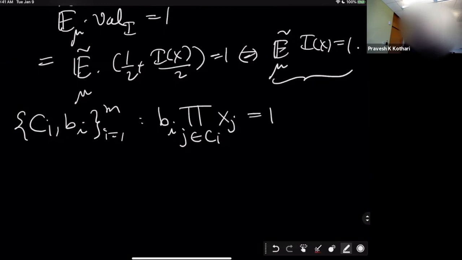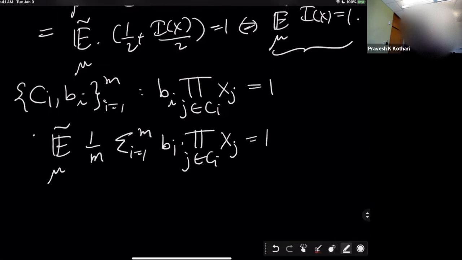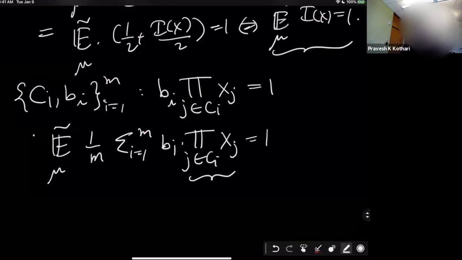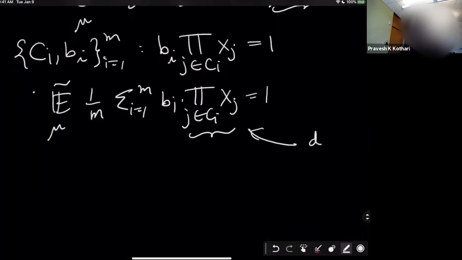So E twiddle mu of I x equals 1 means that, let's recall this notation. This is one of the monomials that I have to give a value to. So let's consider what value we should give to it. This is a degree k monomial. What value should I give to it?